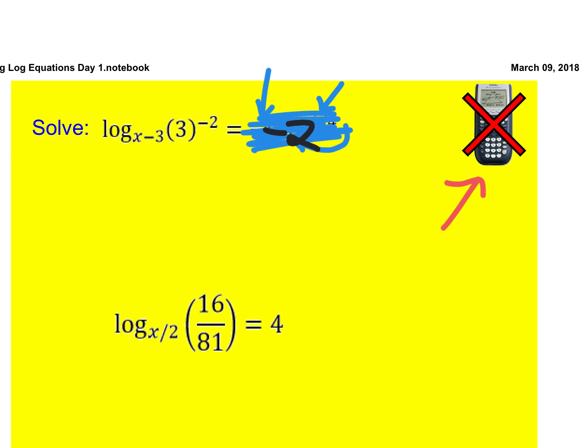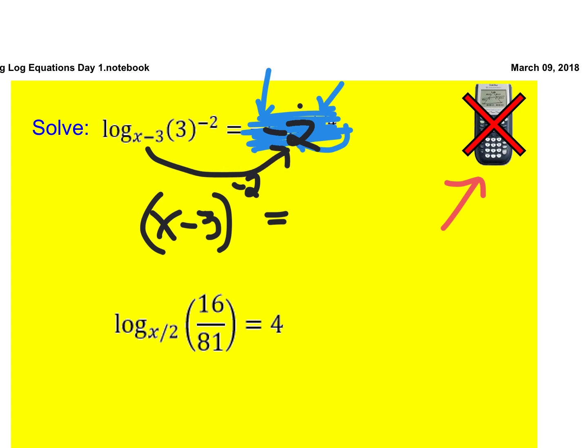Then you do your rewrite thing. To the power of negative 2. And it goes over here, and then you got to come back here. Equals 3 to the negative 2. Now wait, I know what... Just a second.